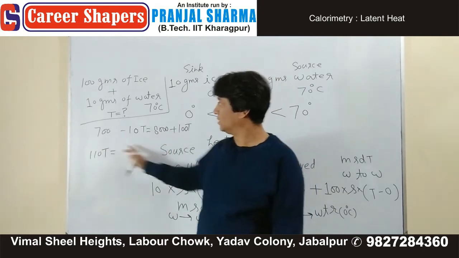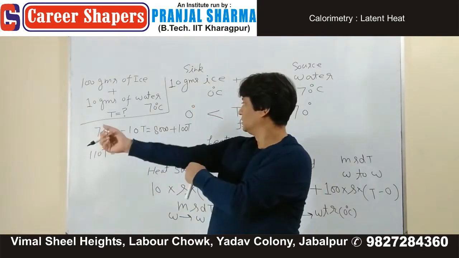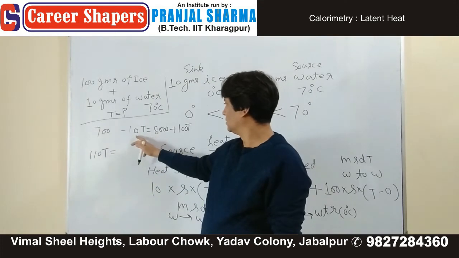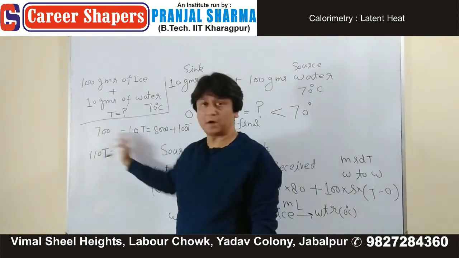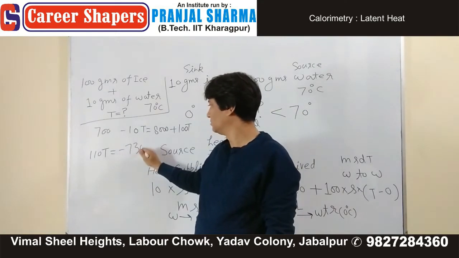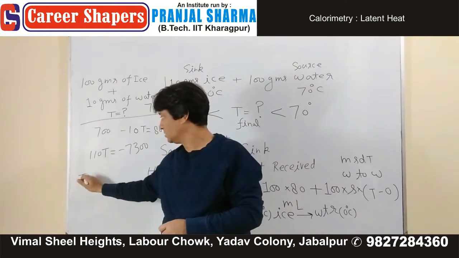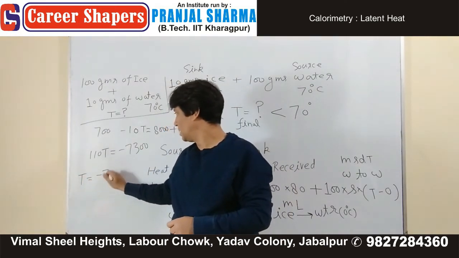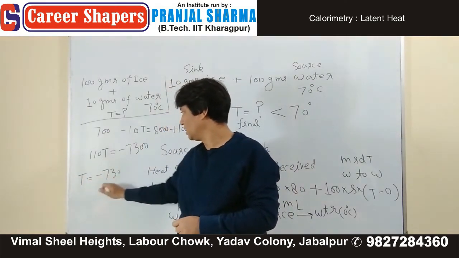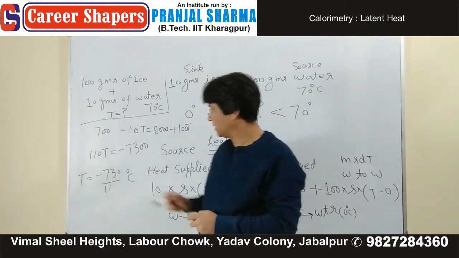This is 8,000 minus 700, or 700 minus 8,000, which is basically minus 7,300. So your T is coming minus 730 divided by 11 degrees Celsius.